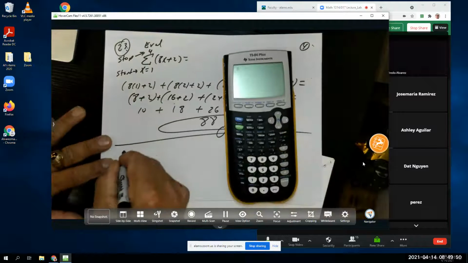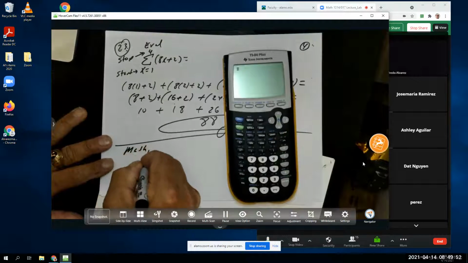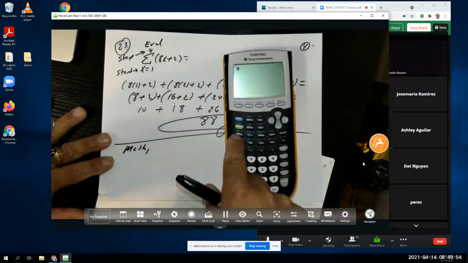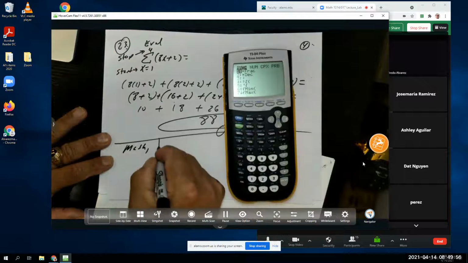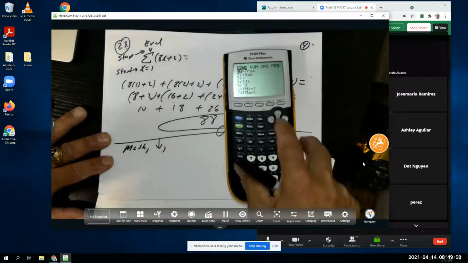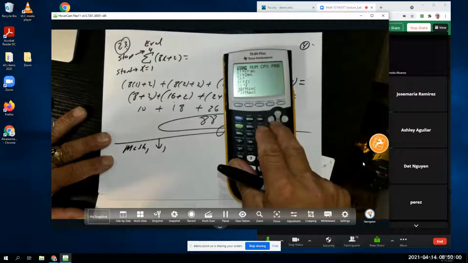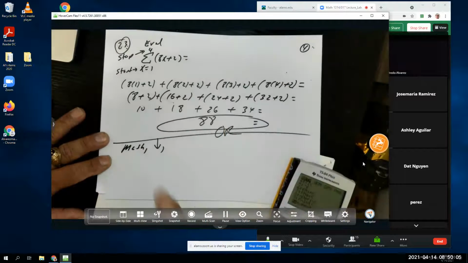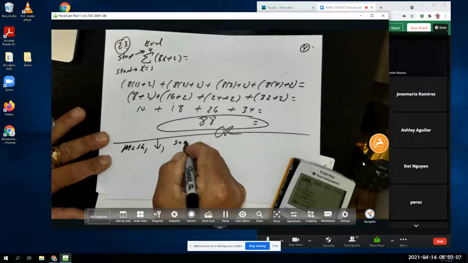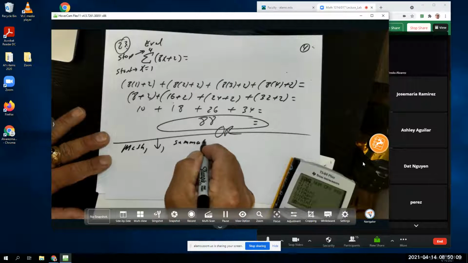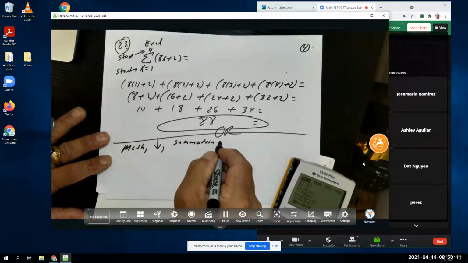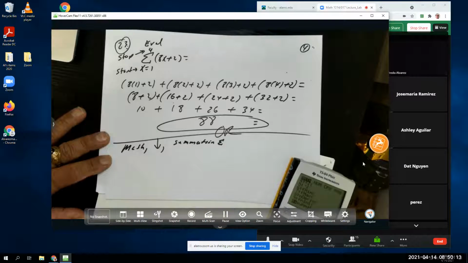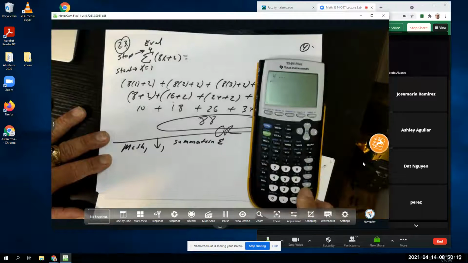So you go math, down arrow until you see what? Summation. Keep going. Right there. You see this. Like that. Okay, once you see that thing, you hit enter.